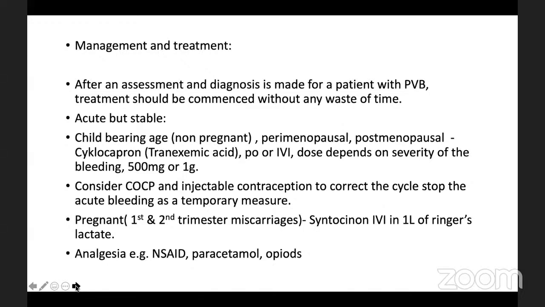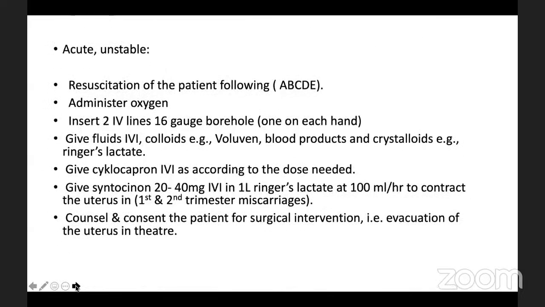We should also not forget that these patients need analgesia. For analgesia, we can give non-steroidal anti-inflammatories, and then paracetamol or opioids. Okay, next slide.